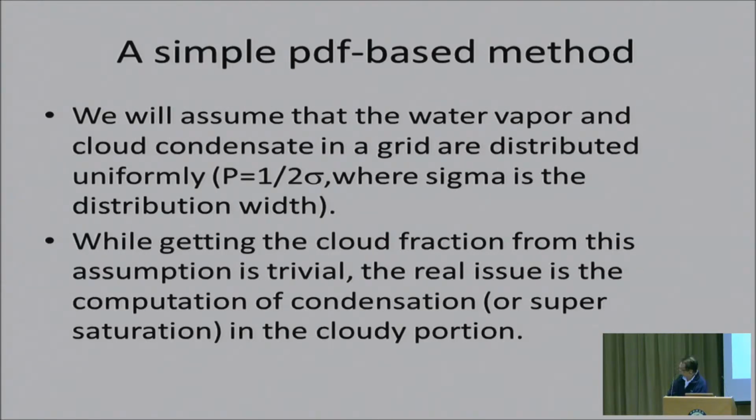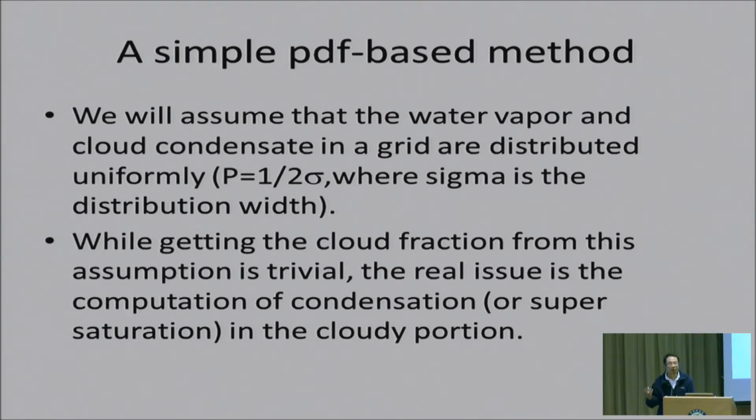So we have to learn to deal with both of these if we want to couple the microphysics scheme into the global model, okay? So I'm going to try to start with a very simple, basic PDF. I'm going to assume that the distribution is uniform, and I want to go through the whole scheme to understand where there are arbitrary assumptions that we can get rid of, and where there are things that we can do consistently. And I'm saying that the real issue is the computation of condensation or supersaturation. And in principle, we don't have to generate condensation.